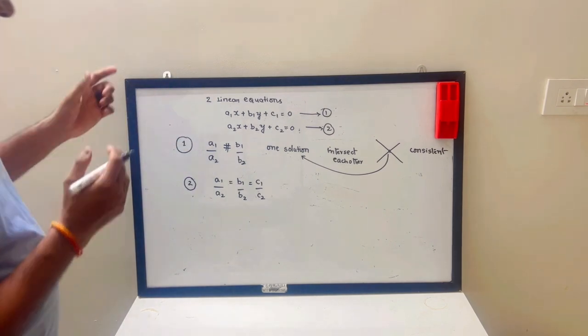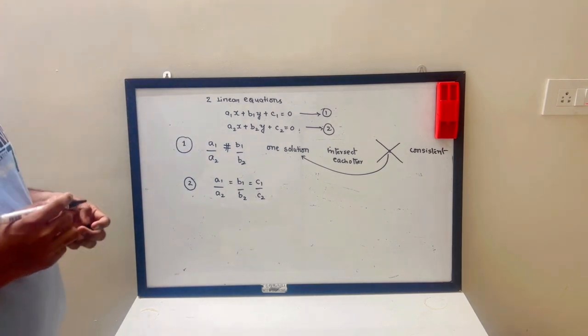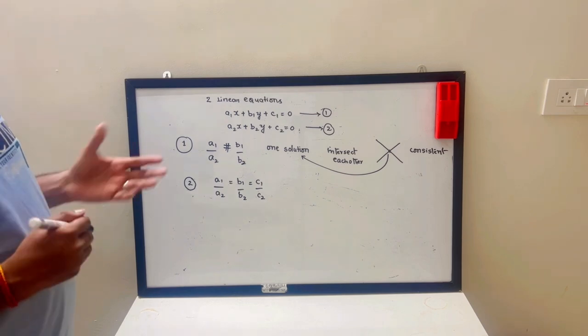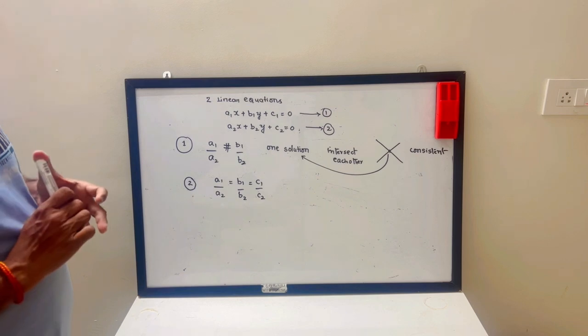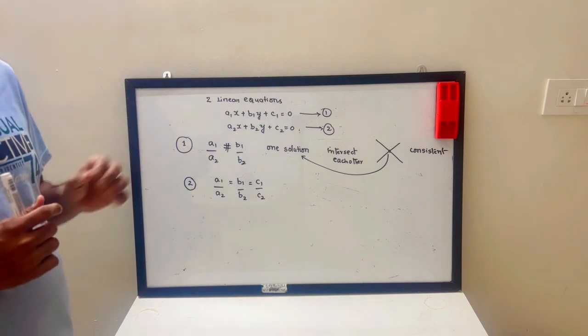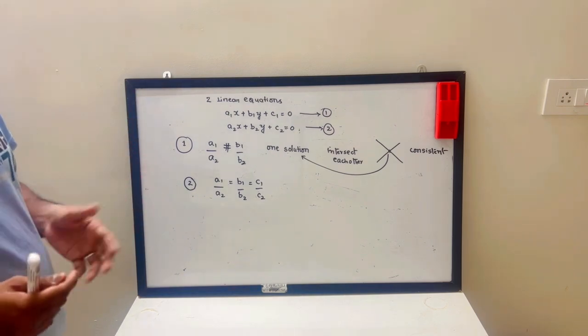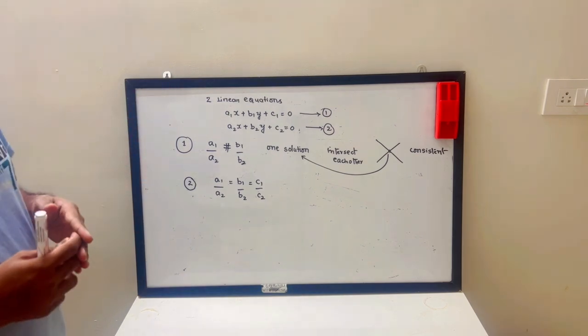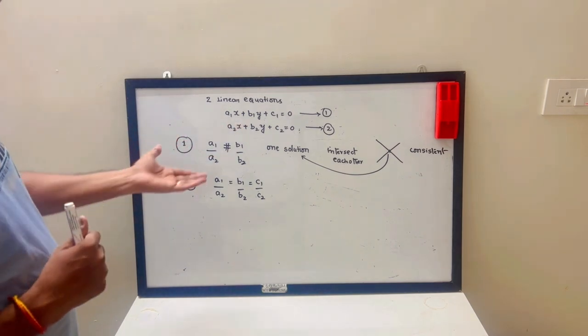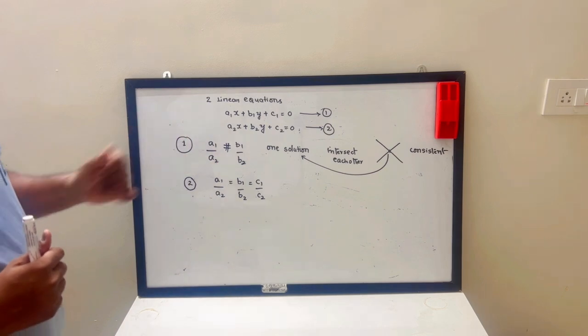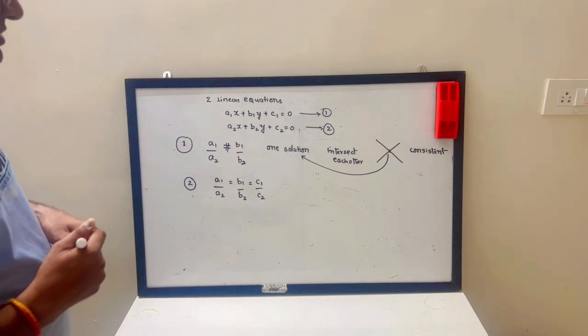So we are trying to find out the conditions such that in the examination, if they give you two equations in the objective type, and they ask you whether these two equations are coincident or consistent or intersect each other or parallel, or how many solutions they have, you have to use these conditions in order to solve those kind of problems.